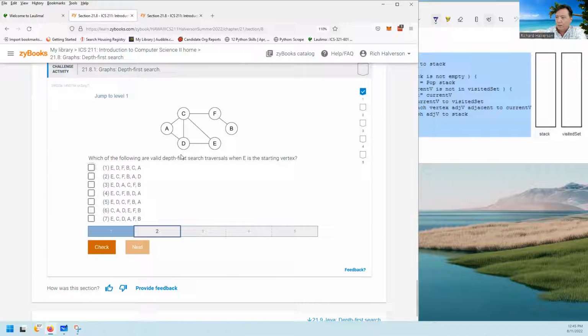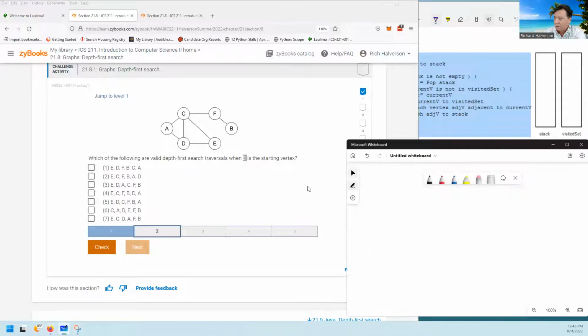Well, we start with E. So it has to start with E. So we can eliminate 6. So forget about 6. Okay, 6 is eliminated because it starts with C.